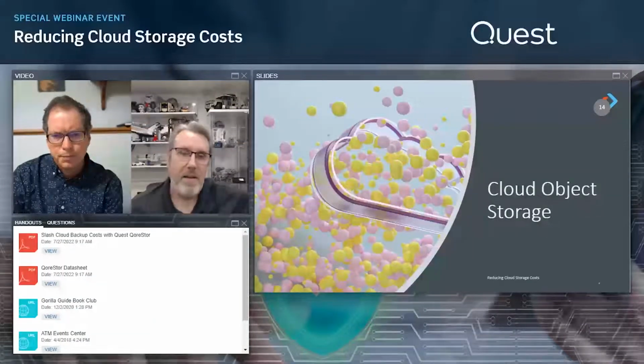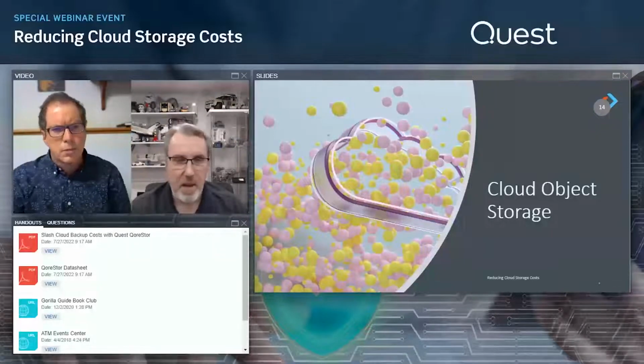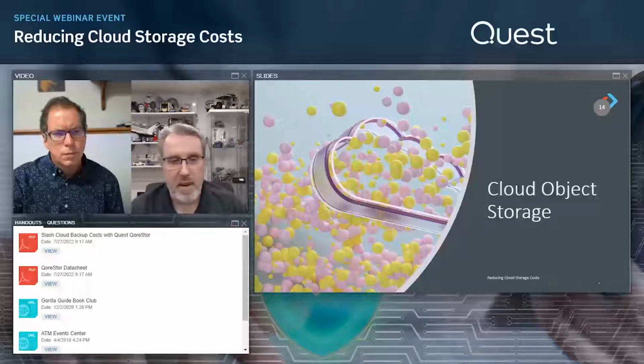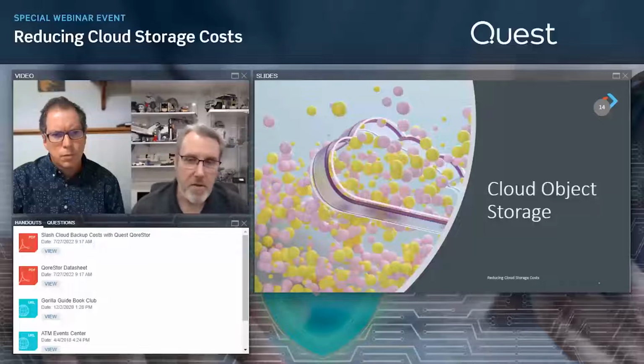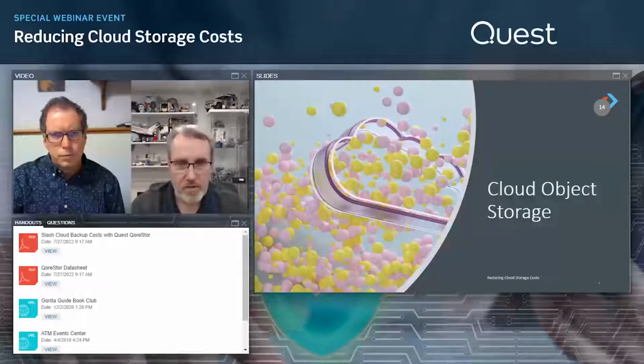I think it's become, I guess, a little bit ubiquitous in terms of where it's delivered from. If we go back and think about it, originally the plan for this kind of technology was for a SaaS-based application to store things in. If we go back a little bit further than that, object storage was around not so much the actual blocks of data, but the metadata that surrounds it.